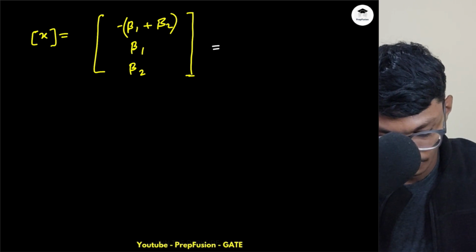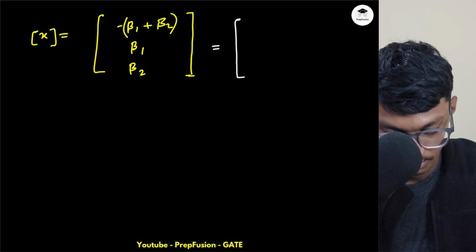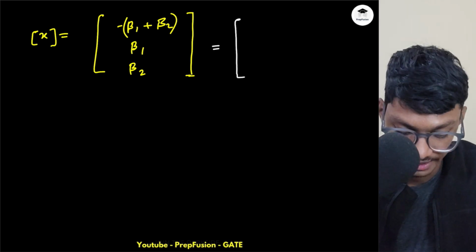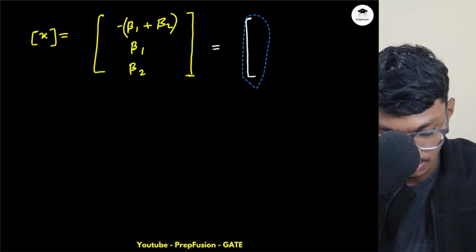Now I can break this down in terms of beta 1 and beta 2.